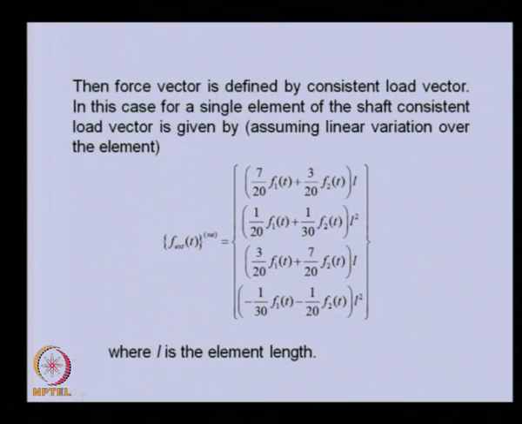We assume that because the shaft was having unbalance variation something like this, when we are taking the elements, the variation of the eccentricity in between the element is linear, and the amplitudes of that particular eccentricity at the two ends of the element are known, which are F1 and F2. Based on the linear variation we could get the consistent force factor.